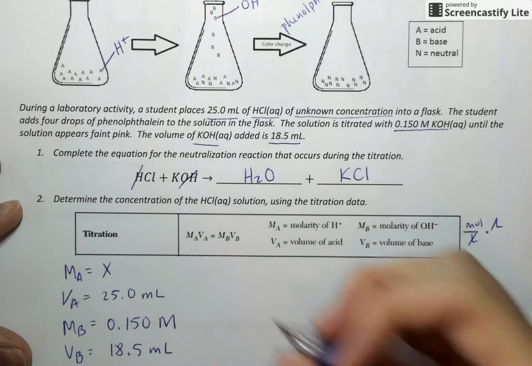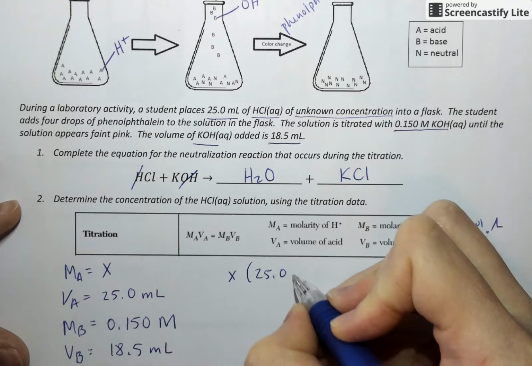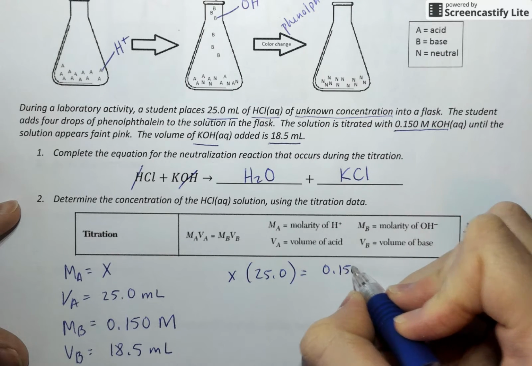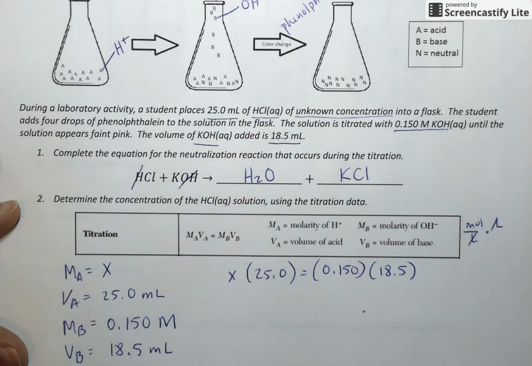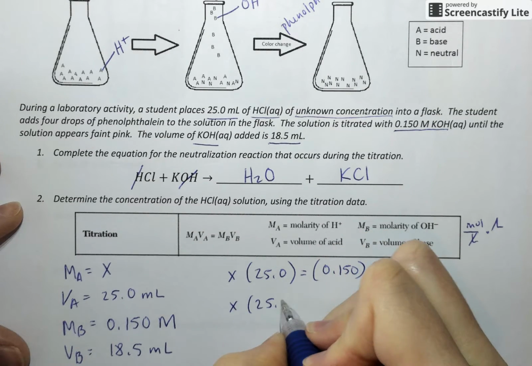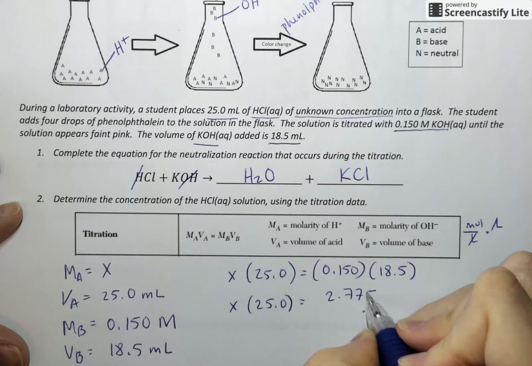Let's just plug it in and do the math, see what we get. X times 25.0 is going to equal 0.150 times 18.5. We can plug that into our calculator and let it do the work for us. When I do that, X times 25.0 is equal to 2.775.